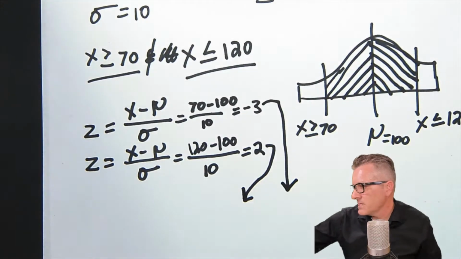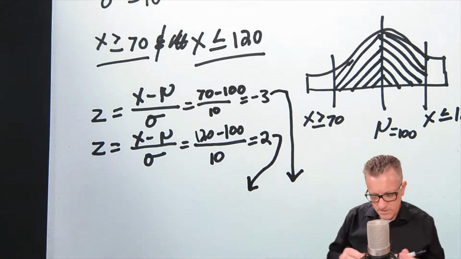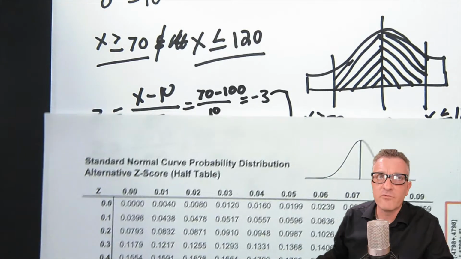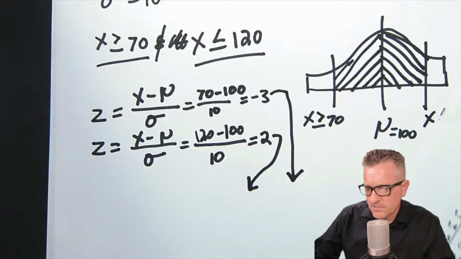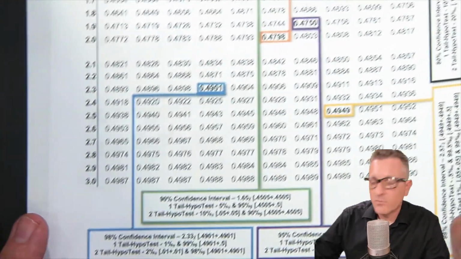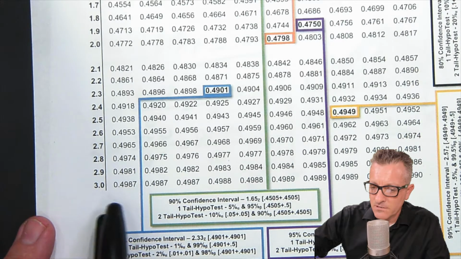Okay. So now we're going to take a look at our table. The first thing that we're going to look for is -3. Like I said earlier, we don't have a -3, but we have a 3, and that's what we care about. So we have 3.0.